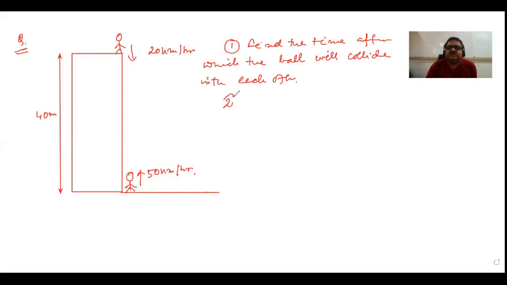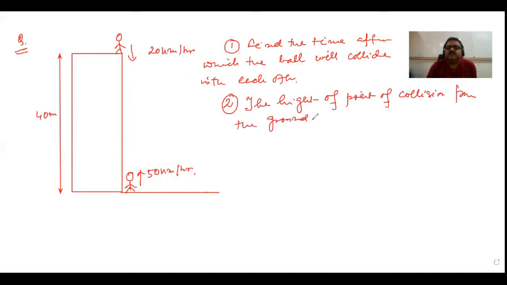And number 2 is the distance or height of the point of collision from the ground.